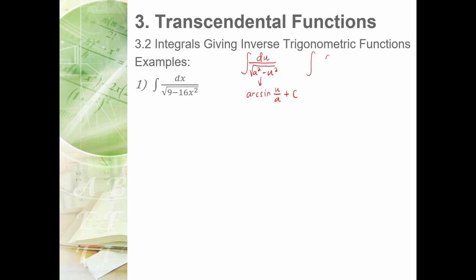And lastly, du over u square root of u squared minus a squared is 1 over a arcsecant of u over a plus c.